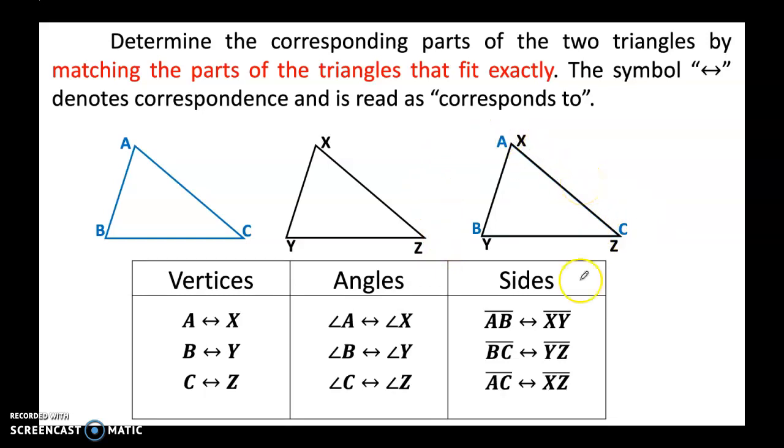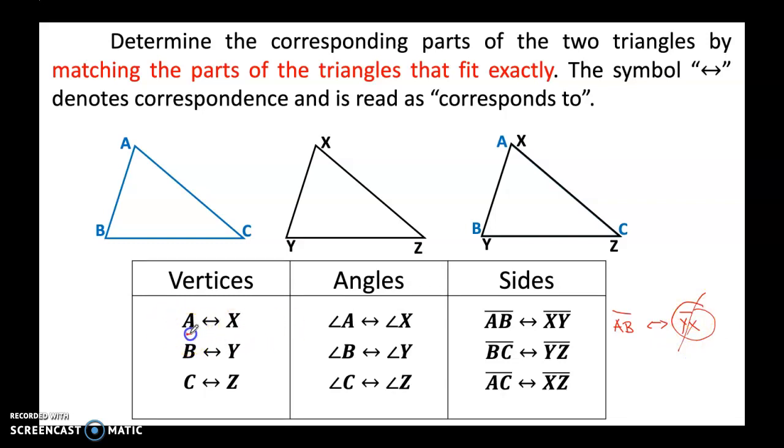For the sides, segment AB, we cannot say that this corresponds to segment YX. So XY and YX are different from each other. So this is not the proper way. Why?